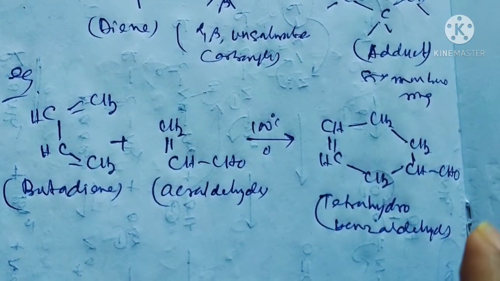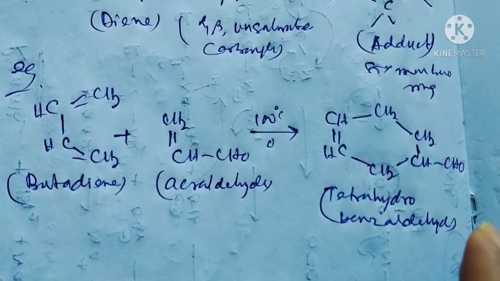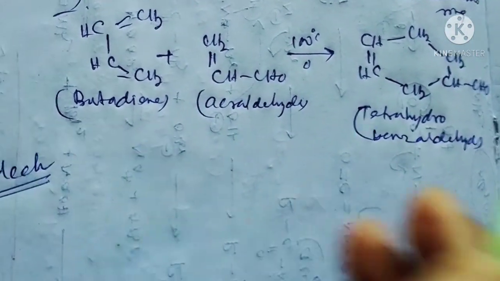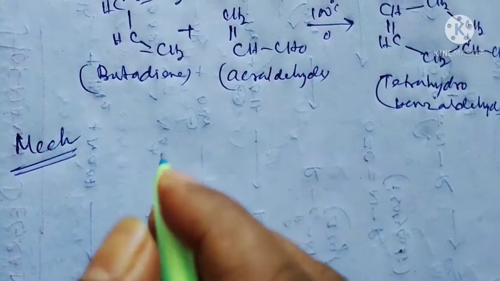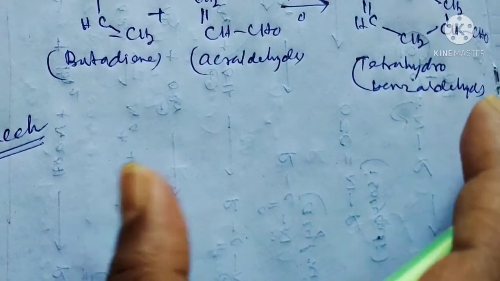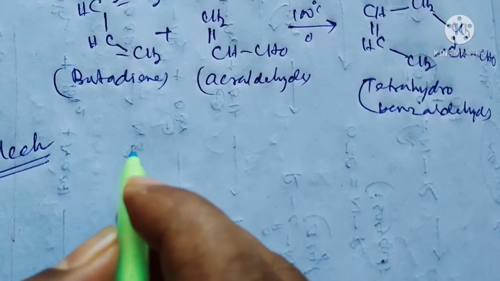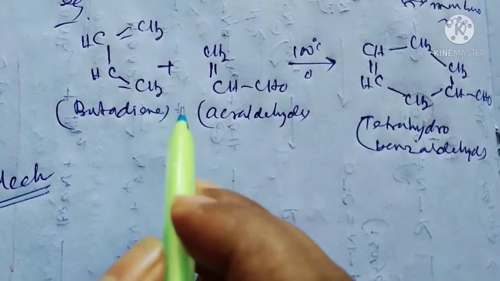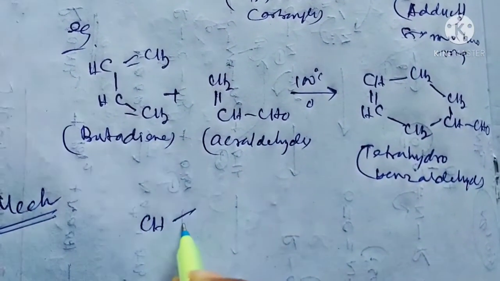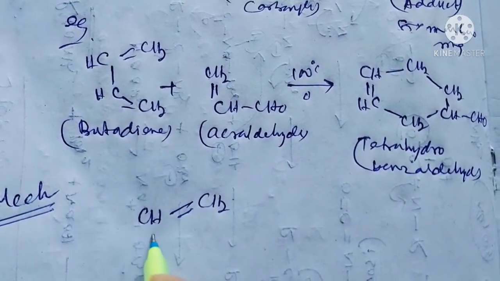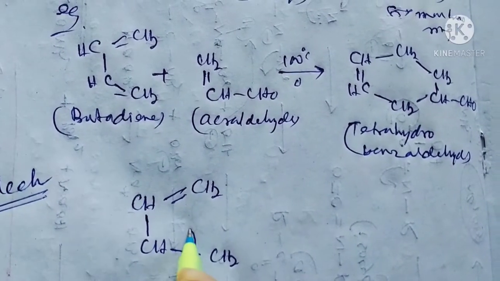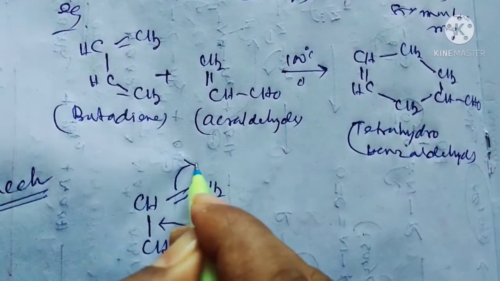Actually students, how this reaction is happening over here, I am going to show it to you. Now for the mechanism portion, the mechanism is a very easy mechanism. Say for example, if we take another example like this, whenever this diene is reacting over here, first of all this one, this over here, and this one into this position.